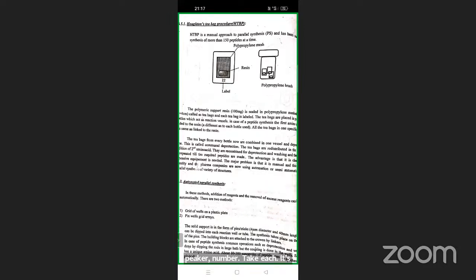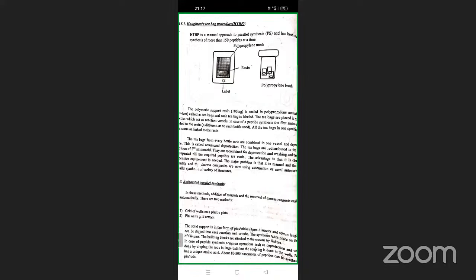This tea bag is kept in a polyethylene bottle.